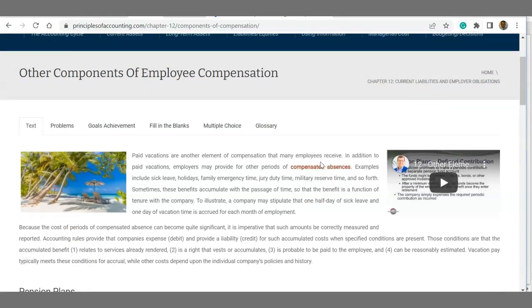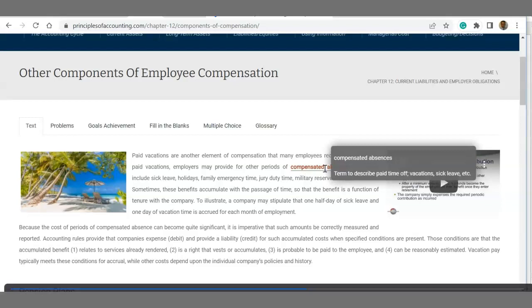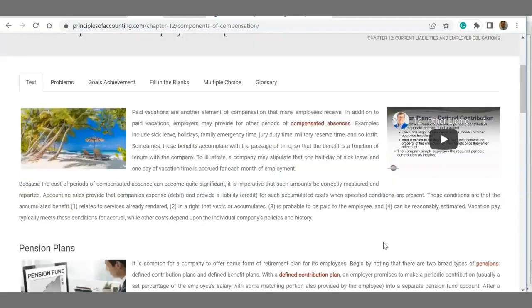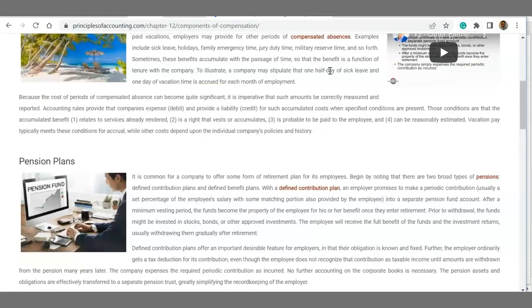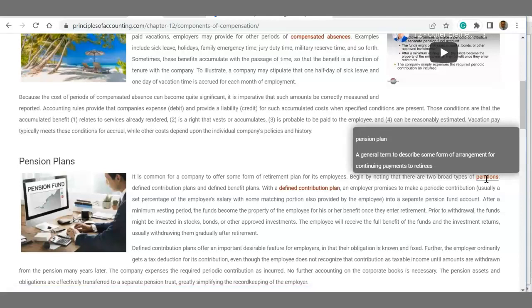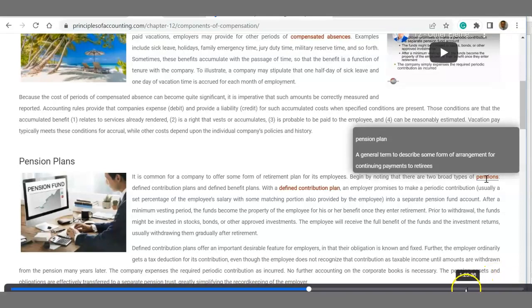Okay, there are some other payments also to employees, terms to describe paid time off, vacations, sick leave, anything that has been accrued for those employees. So they have to recognize liabilities for those also. So pension plan is a general term to describe some form of arrangement for continuing payment to retirees, like a 401k.